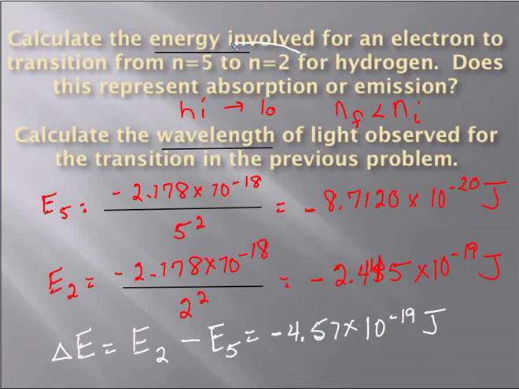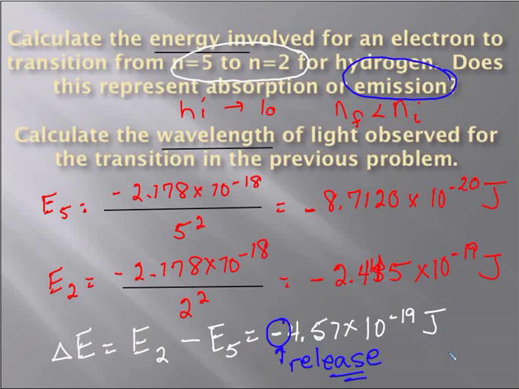So we've had two indicators that you need to wrap your mind around. High to low is emission, and if there is a release of energy, negative means release in science. If there's a release of energy, that's also going to be an emission.